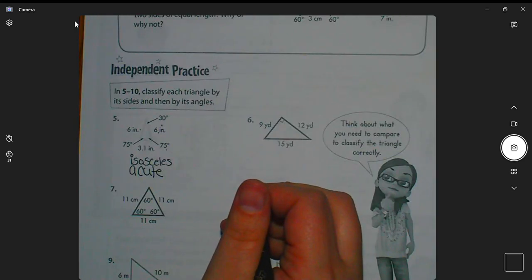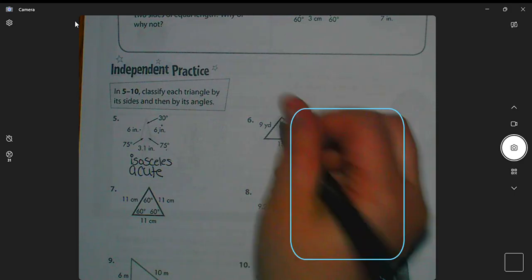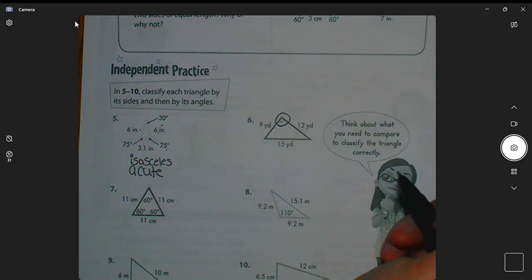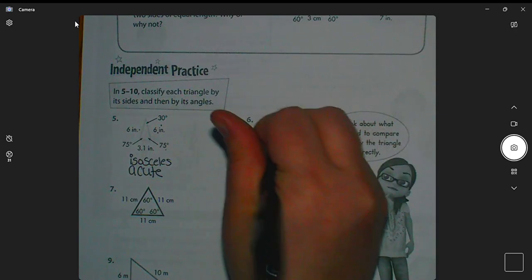Let's look at number 6. 9, 12, 15. I think I'm going to classify it by its angle first because I see a tattletale. This little tattletale tells me 90 degrees. What angle do you know that is 90 degrees? Yeah, a right angle.